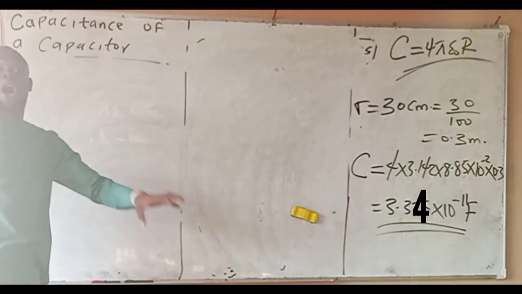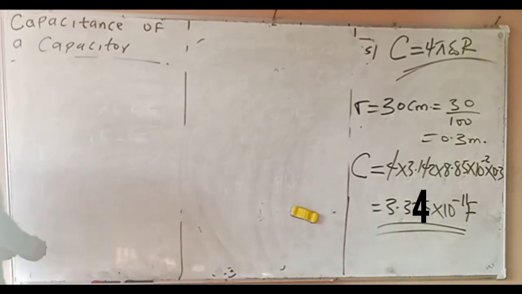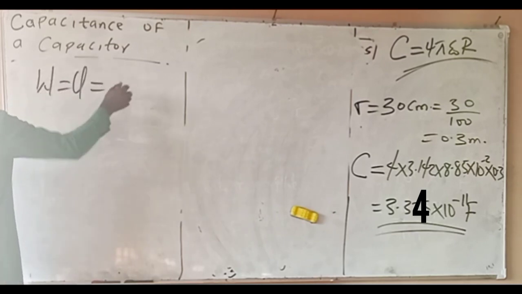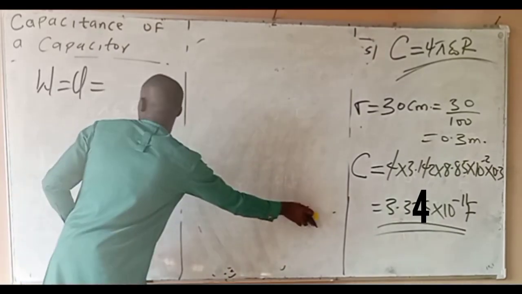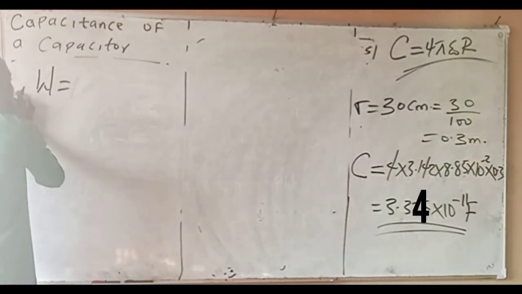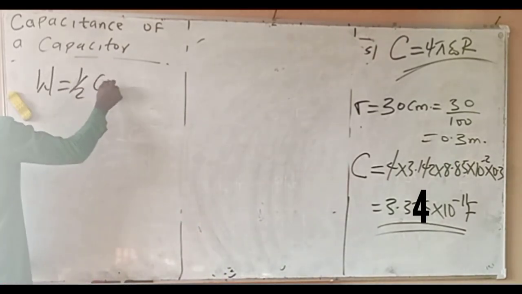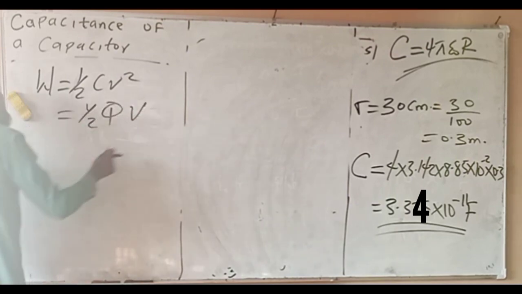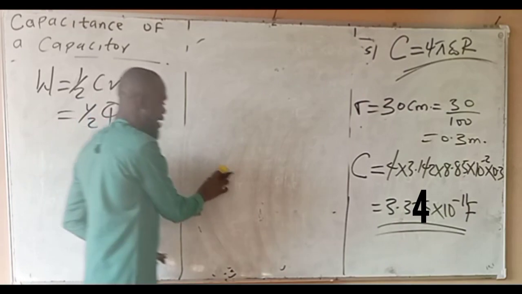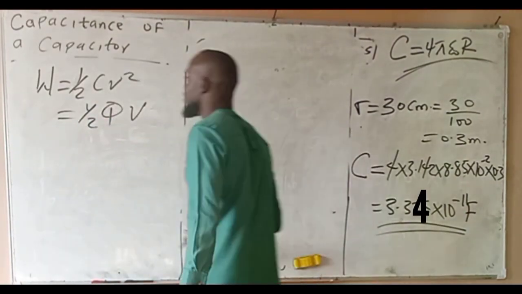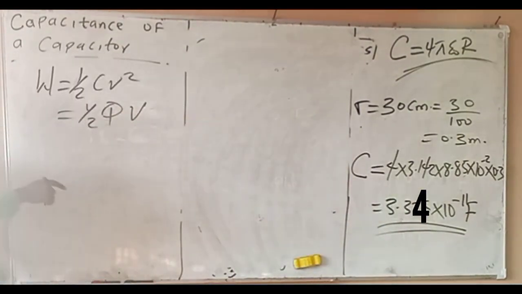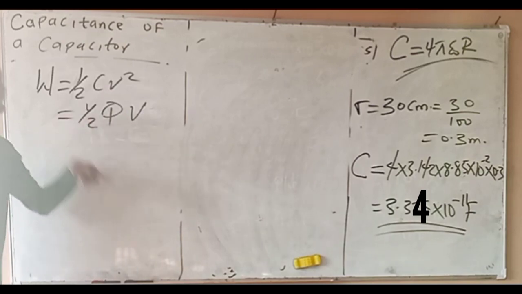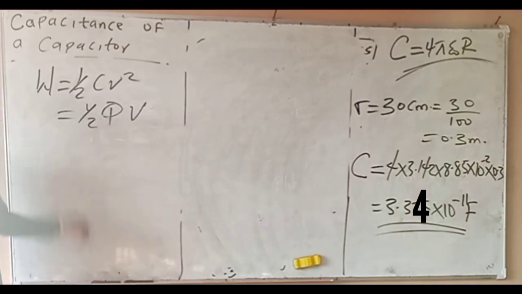So the energy stored in a capacitor is denoted by W, or U. You can use either one you like. It is equal to half CV squared or half QV, depending on the quantities you have, where C is capacitance, V is potential difference or voltage, and Q is charge.